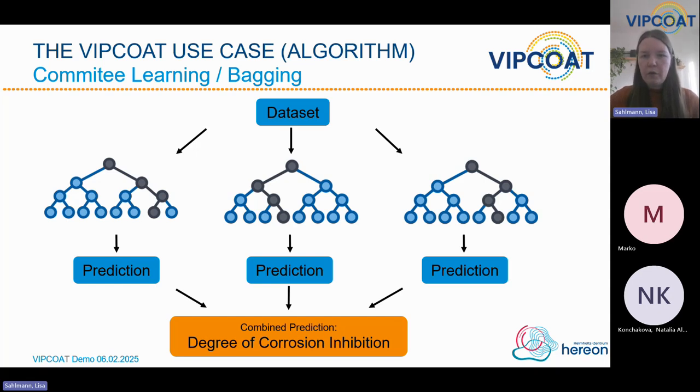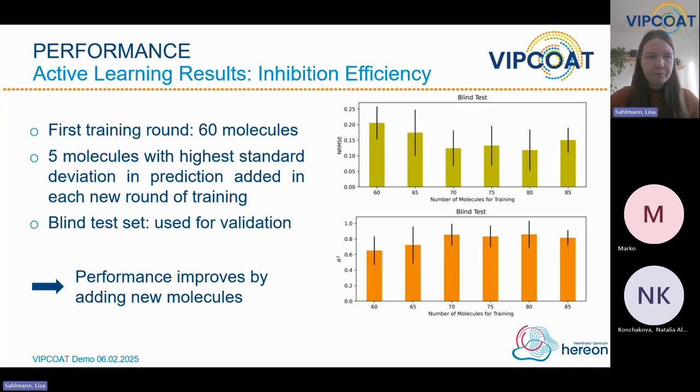And now we want to look at some results. So we went into this active learning cycle, meaning that we started off with training the random forest on 60 molecules. And then we did different rounds of training, and in every round we added 5 molecules where the previous model was most unsure about in their prediction.